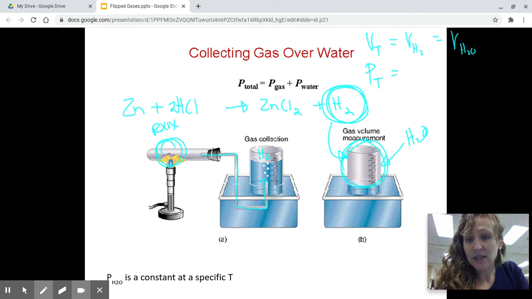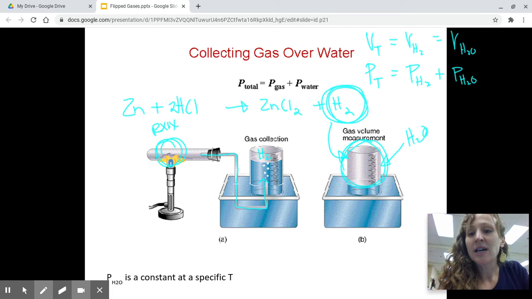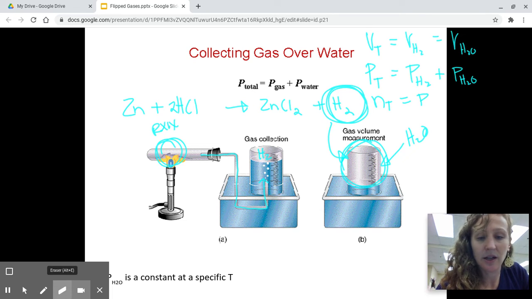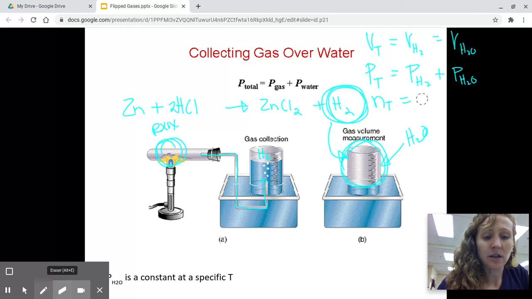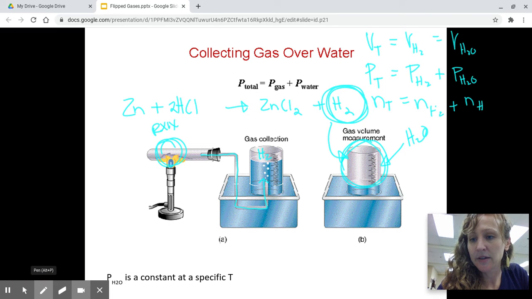So we have to take into account our two components, the partial pressure of hydrogen and the partial pressure of water, combined to make our total pressure. Same thing with moles. Our total moles is going to be, not a P, it's going to be our moles of hydrogen and our moles of water together.